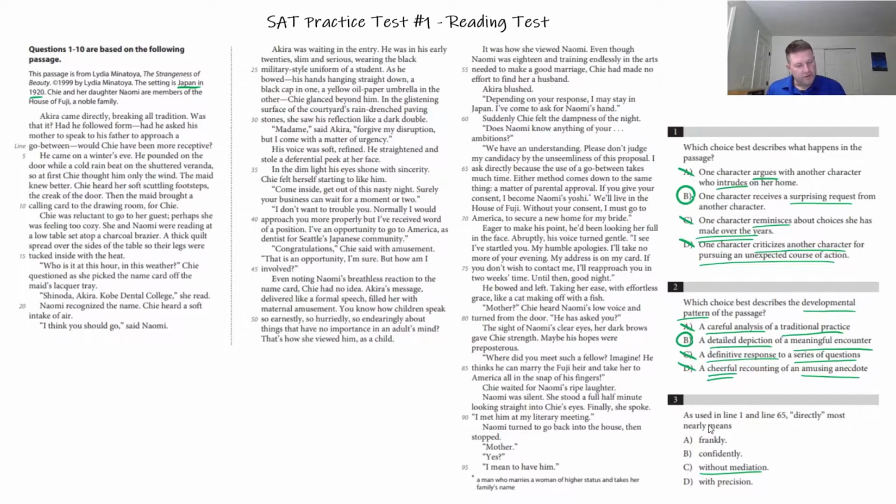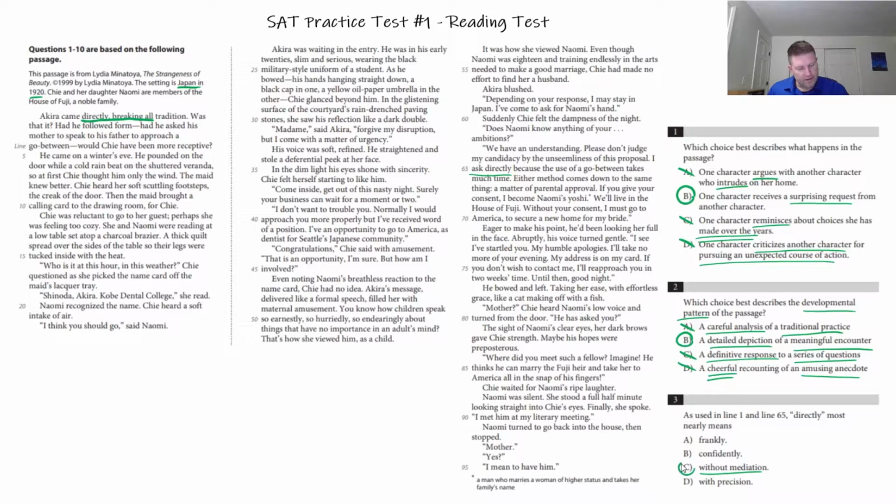So if you look at "directly" as used in line 1 and line 65, coming directly, breaking all tradition, that's line 1 there. And then line 65, he's asking directly, in other words, coming to the mom and asking permission to marry the mother's daughter, right? So that is explicitly not using a mediator the way he was supposed to, or the way tradition called for.